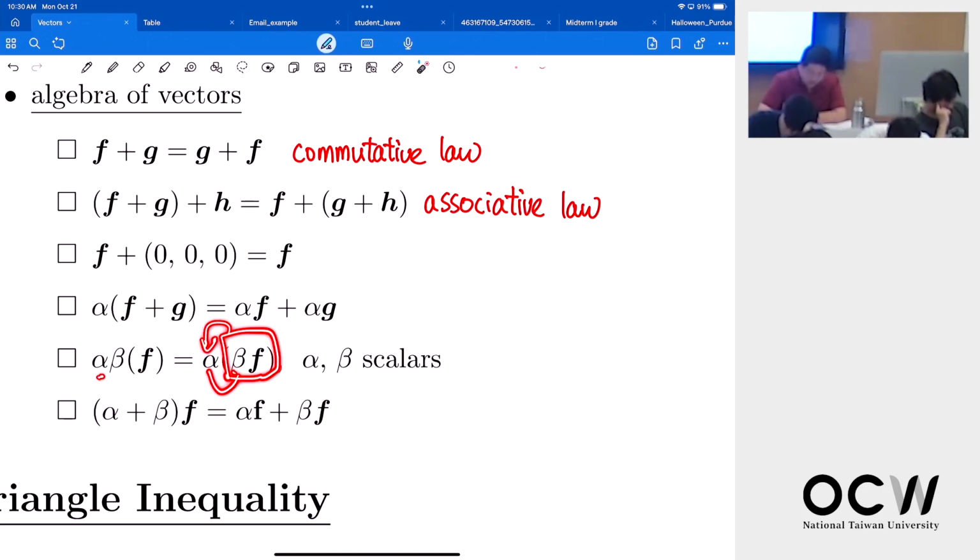You can also switch: beta, alpha, f. If I have two scalars times one vector, then you can also separate these two scalars times the vector first and then do the summation.